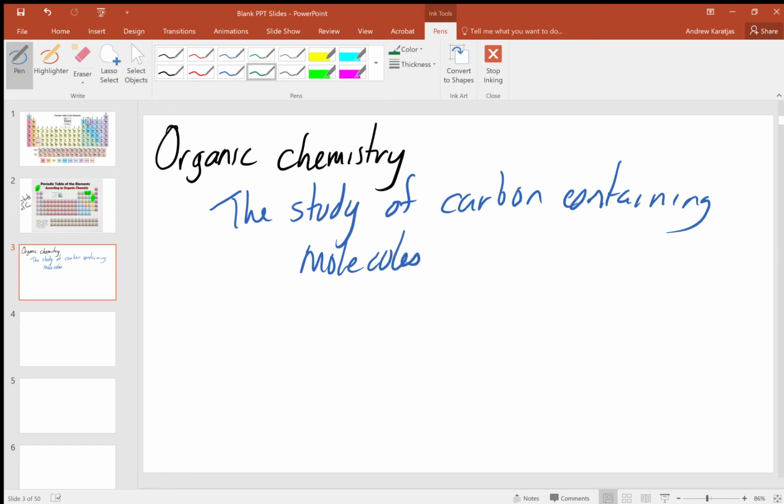Again, that's not to say that it's only carbon. We'll see plenty of carbon as well as hydrogen, nitrogen, oxygen, phosphorus, sulfur, and sometimes the halogens.